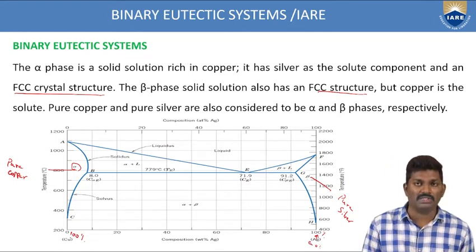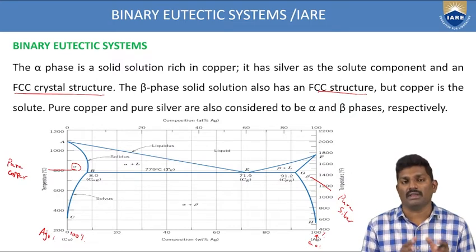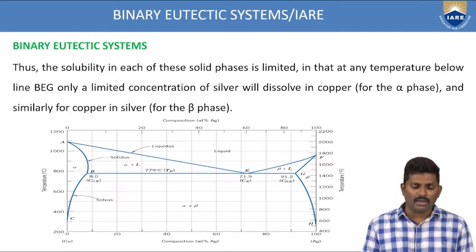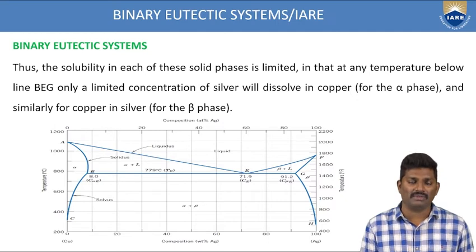Similarly, at this zone, if you see, copper is having 100% and silver is having very less percentage of 0%. So that's why if you want to identify rich compositions of copper and silver, you can differentiate with these alpha and beta zones. Now coming to the solubility in each of these 3 solid phases, what is happening?